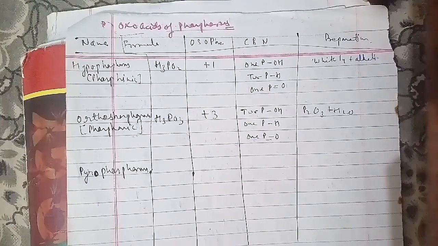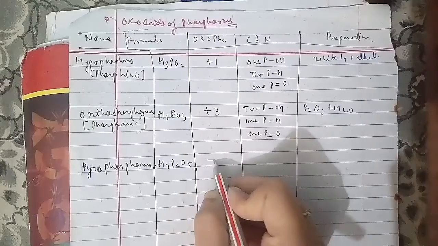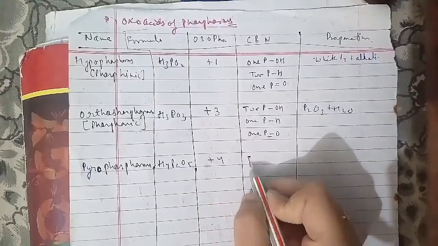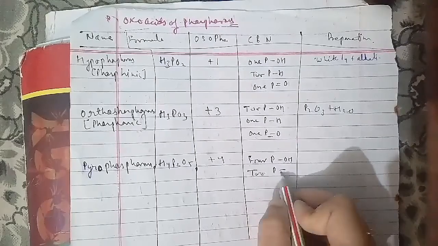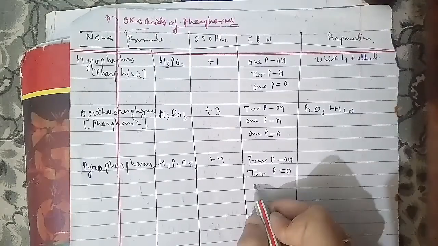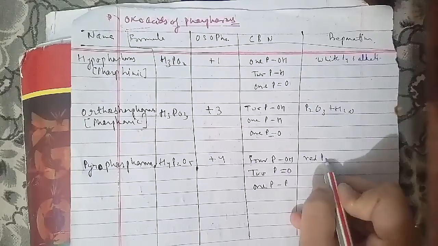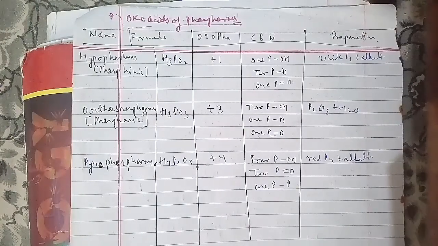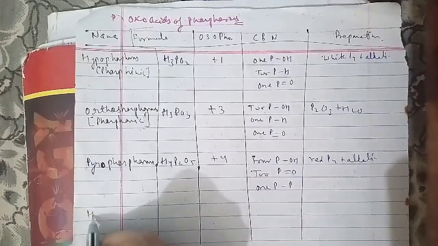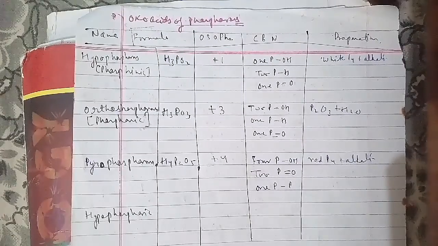Now we will go ahead with another one, which is hypophosphoric, with formula H4P2O6. The oxidation state is +4.